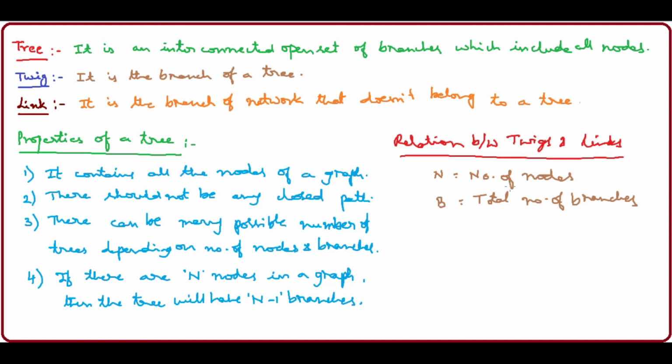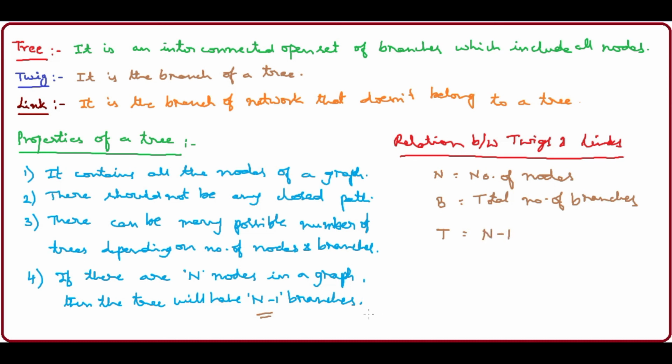Now we have framed the tree. That means some branches have been removed, and the branches which a tree contains are called twigs. So the number of twigs, let me write it as capital T, is equal to capital N minus 1, which was already discussed.